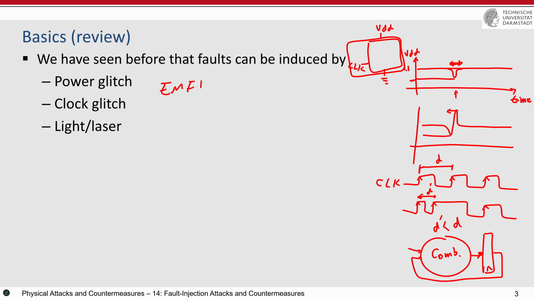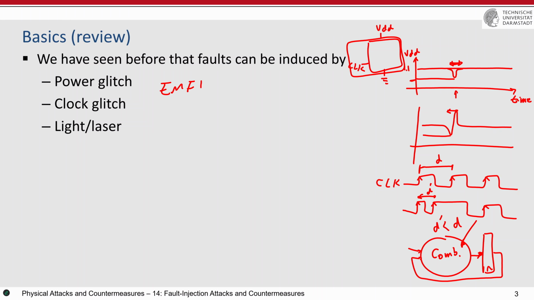But if you synchronize the time that you inject the EMFI with the clock, and right before the positive edge of the clock you inject the EM pulse, then usually wrong values will be stored in the register. It means that you do not make the registers faulty directly, but the input of the registers faulty. The combinational circuits which compute will be faulty, and then the faulty values will be stored in the register.